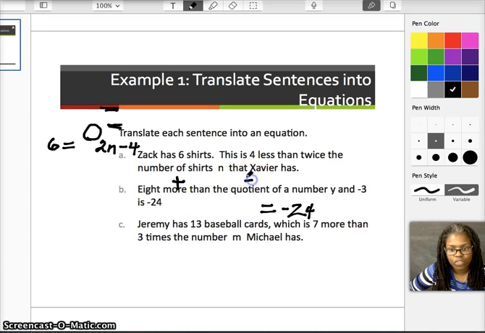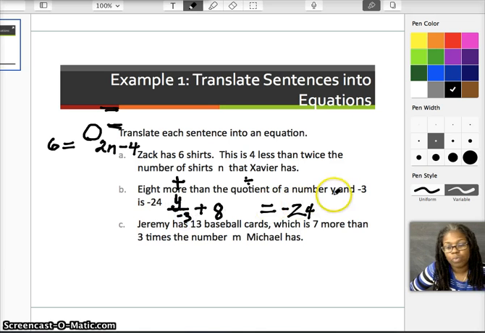Quotient means division, so we're dividing 2 things. Quotient honestly means the answer you get when you're dividing some numbers. So 8 more than the quotient of. 8 more than means that I'm adding 8 to something. What am I adding 8 to? I'm adding 8 to the quotient of something. So I'm going to divide something. What am I going to divide? I'm dividing y and negative 3. So y is being divided by negative 3.